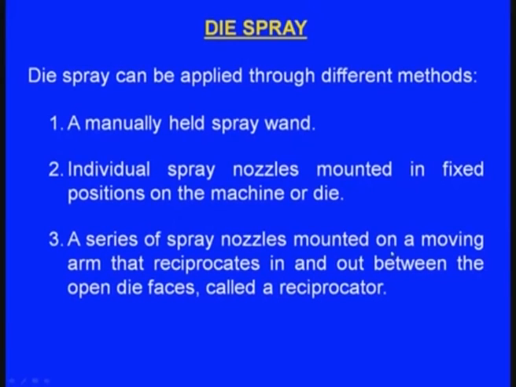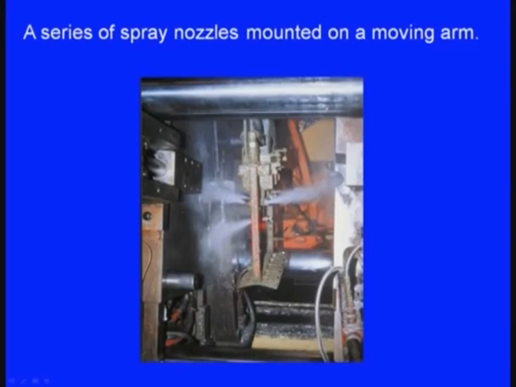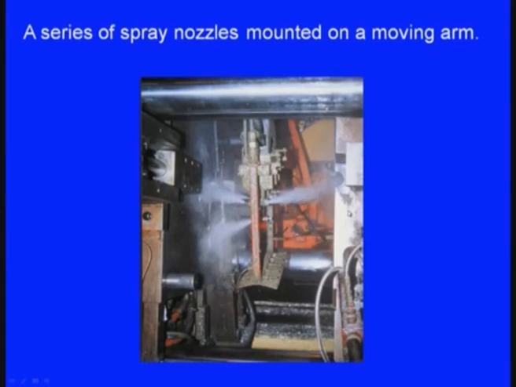Next one, a series of spray nozzles mounted on a moving arm that reciprocates in and out between the open die faces, called a reciprocator. You can see here spraying is going on, and these spray nozzles are mounted on a moving arm. And here we can see this is one die and spraying is going on.